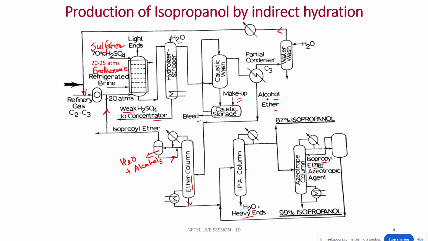You can see this from the isopropyl alcohol column. As a top product we are getting here 87% isopropanol.